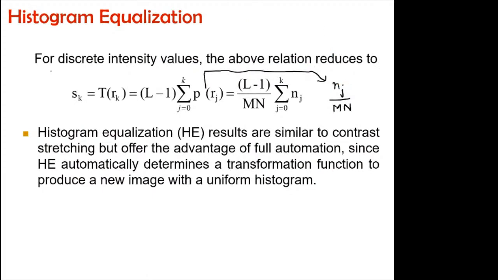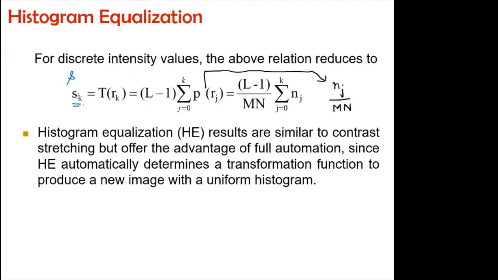You can see here, for discrete intensity values, the above relation reduces to the same thing. But here I will write a particular intensity value. Discrete, right? There I had just written the name of the variable. s was the name of the variable which stood for the output intensity level of any pixel.